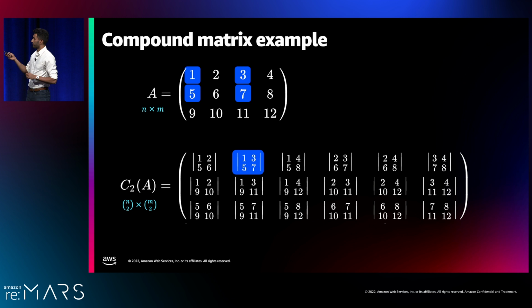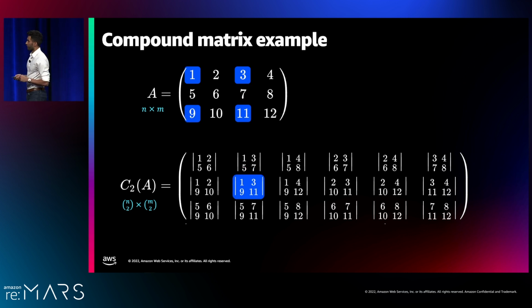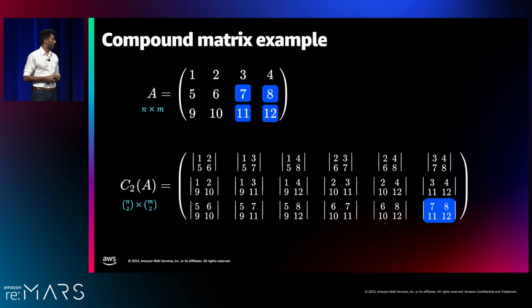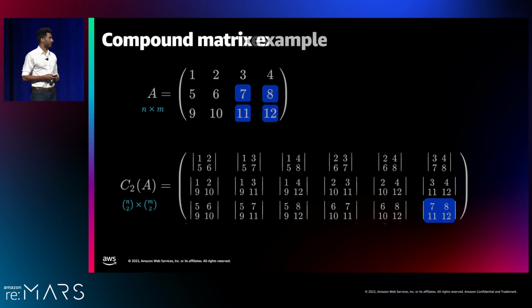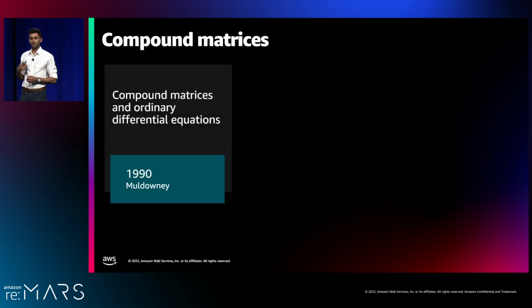The second is 1, 3, 5, 7. As you can see, the second element in the compound matrix. If you go further and you change the row, that changes the row in the compound matrix, and the pattern continues. So this is a very large matrix, and it was first introduced in the context of ordinary differential equations.